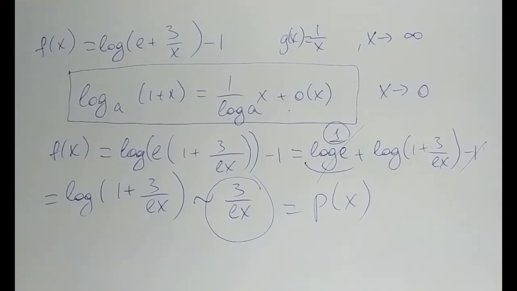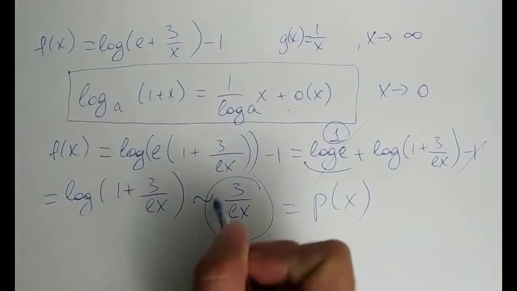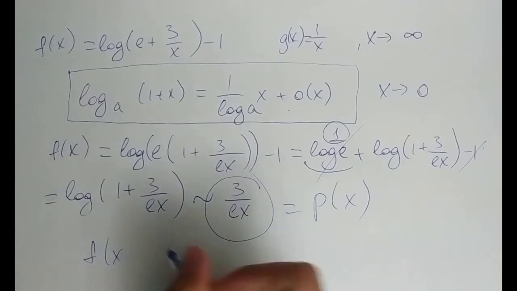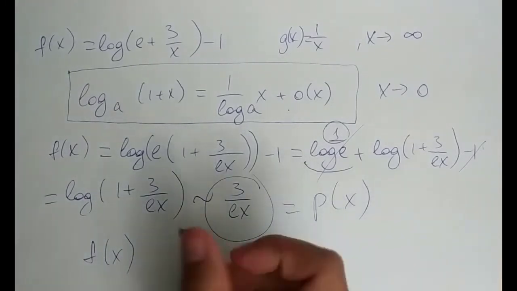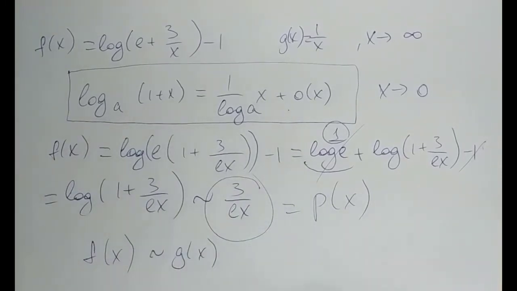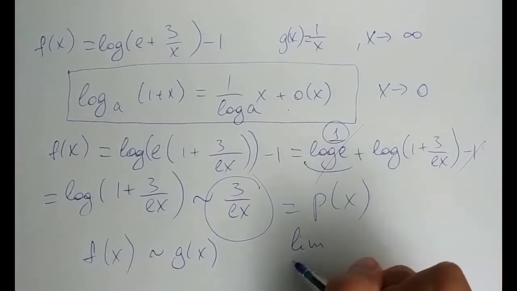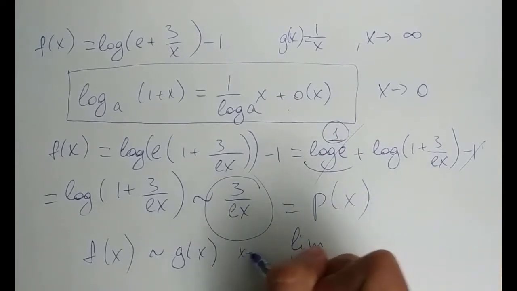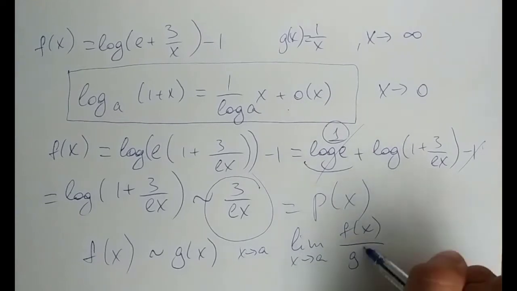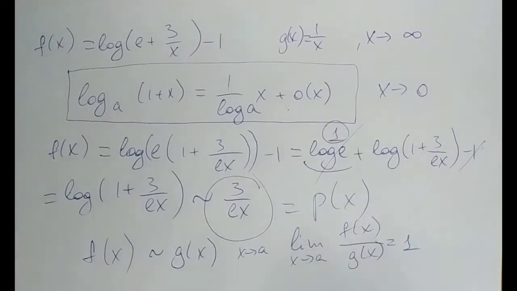Because if we compute the limit of f of x over p of x, it is 1, because they are equivalent. And let's recall once more, f of x and g of x are equivalent if the limit, as x tends to a, of f of x over g of x is 1.